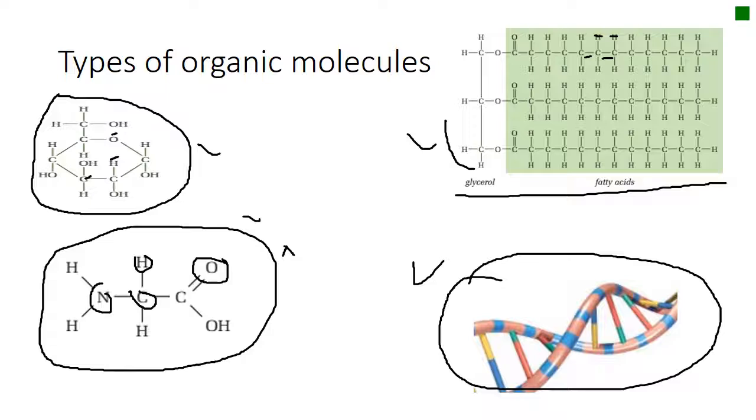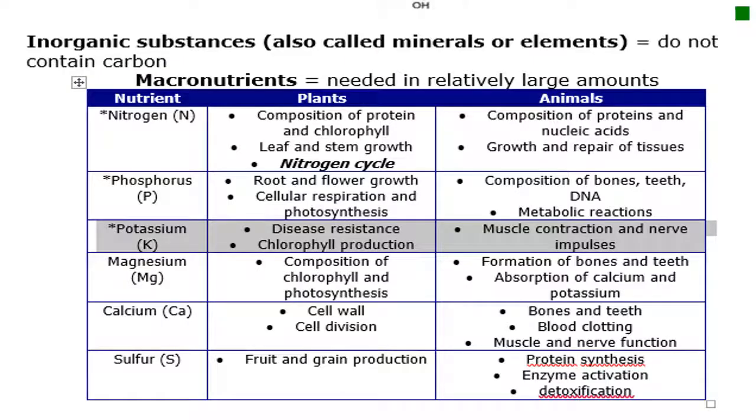These are nucleic acids, and nucleic acids are involved in DNA and RNA. DNA stands for deoxyribonucleic acid, and RNA stands for ribonucleic acid, and they contain carbon, hydrogen, oxygen, nitrogen, and phosphorus, and they're responsible for transmission of inherited genetic material.